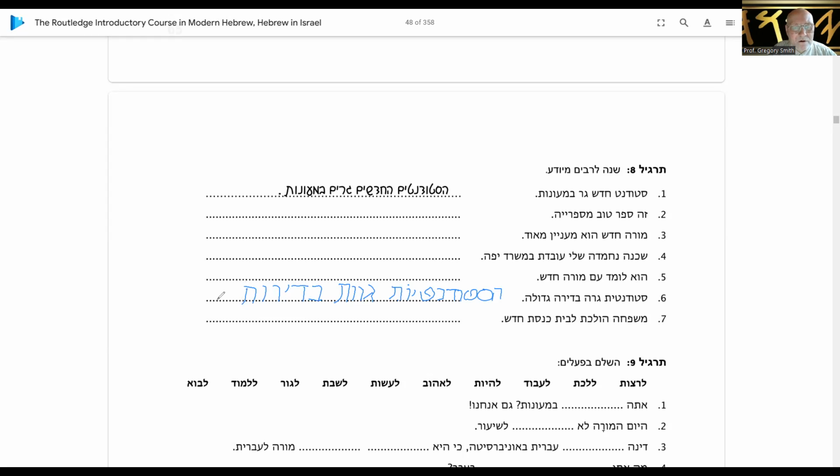Okay, badirot, garot, badirot, gadolot. Gadol is singular for big. We've got to put it to match the gender and number. Okay, so we should see studentiot garot badirot gadolot. So the students are dwelling in the large apartments.